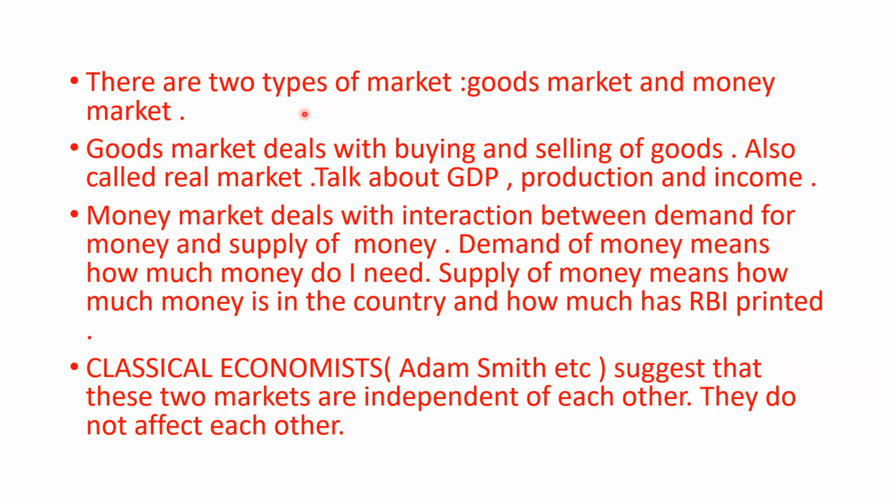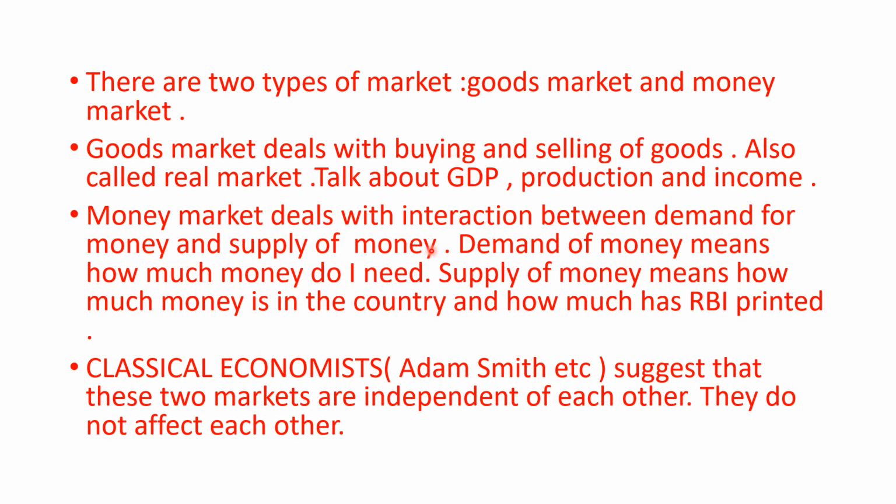Now, see. Coming over to the theory portion, there are two types of market. One is the goods market and the other is the money market. Goods market deals with buying and selling of goods. Another name for the goods market is the real market. GDP, production and income are discussed in the real market. Money market deals with the interaction between demand for money and supply of money.